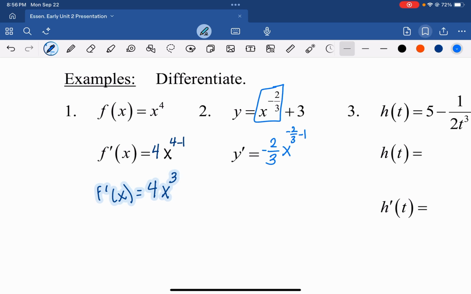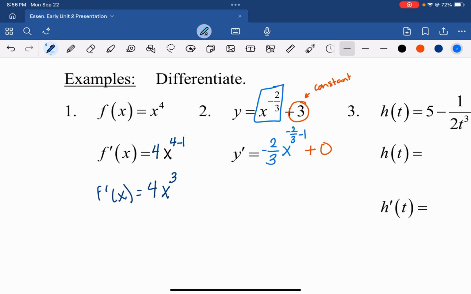We'll come back and simplify that in a second. Because of the sum rule, I can take this as two separate pieces. So next I'm going to take the derivative of 3. 3 is a constant, so my derivative of a constant is 0.